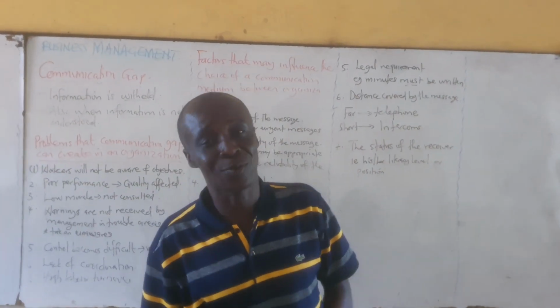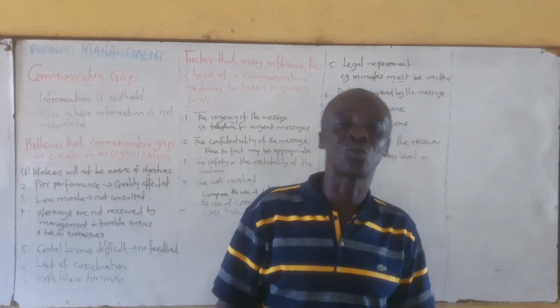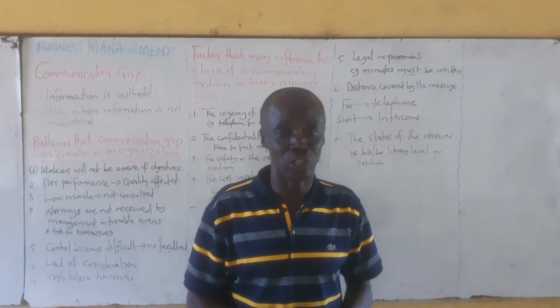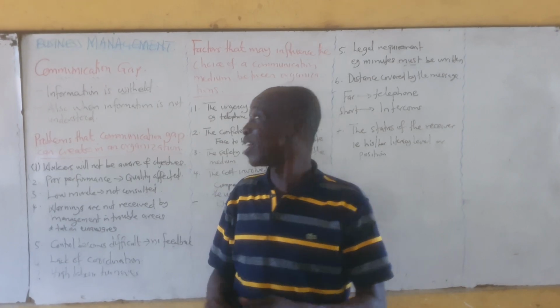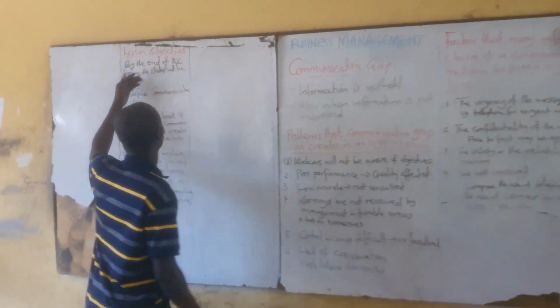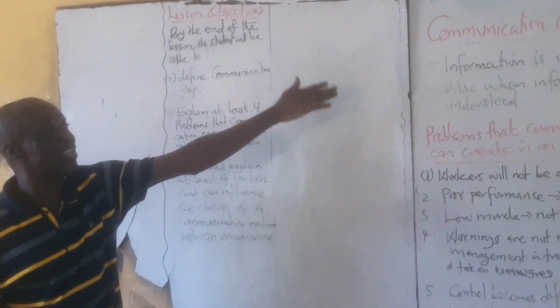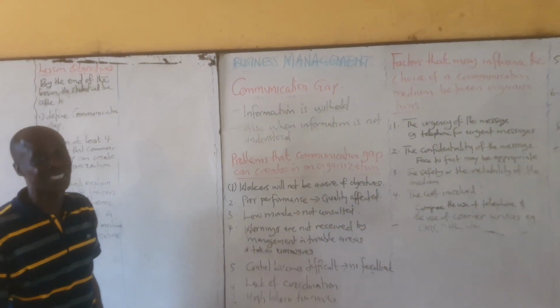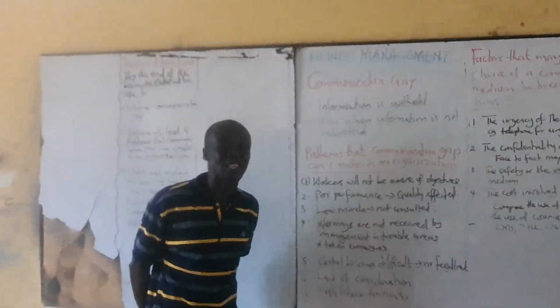Ladies and gentlemen, that brings us to the end of our topic, communication. Today we have talked about what communication gap is, and then the problems that it brings. So, question 1: what is communication gap?